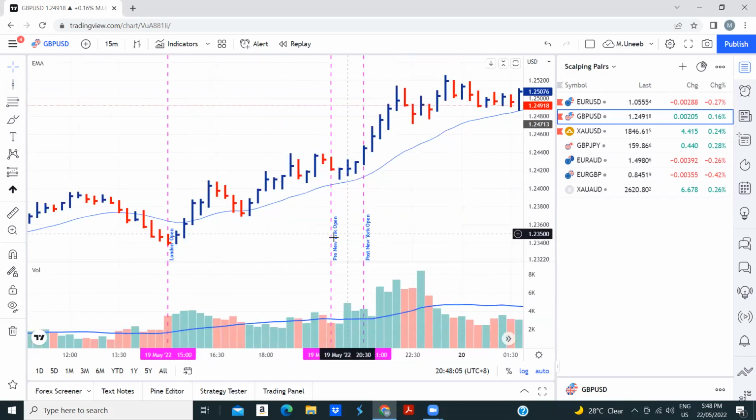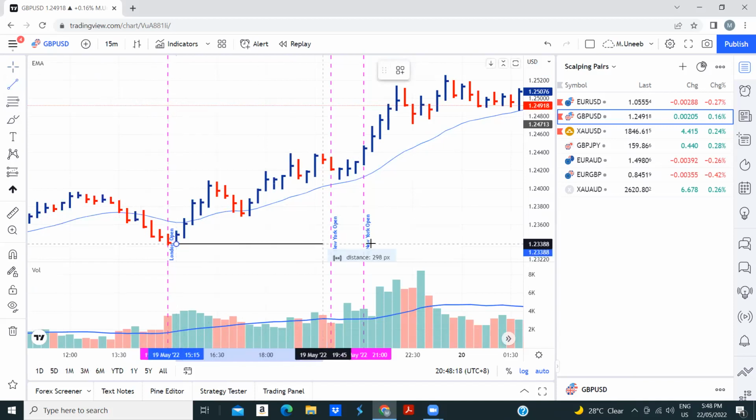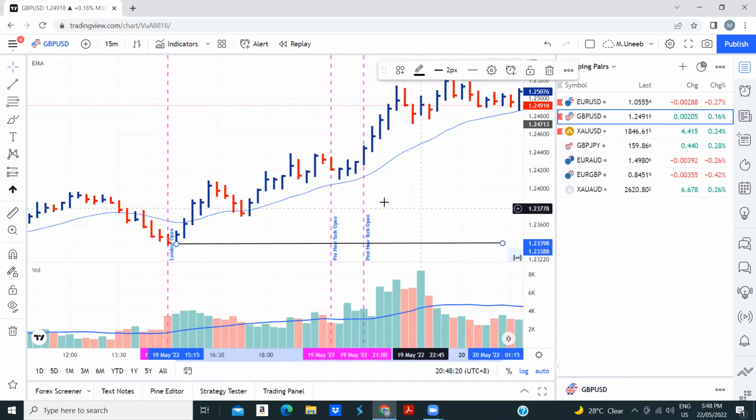London Open. Now from here to here, on a 15-minute chart, can you identify highs and lows? The lowest is obviously this one, right? You draw the line here and extend it just past beyond the post New York Open.